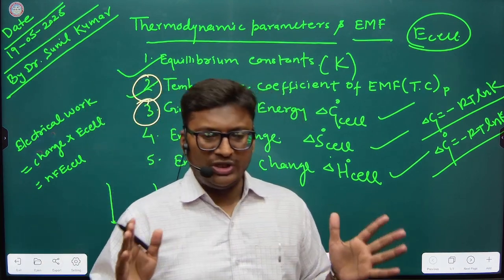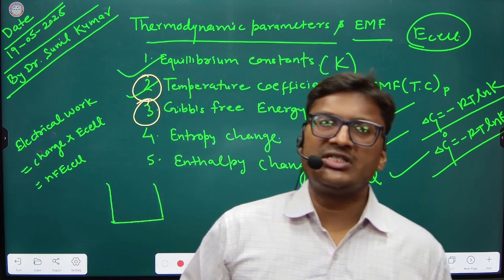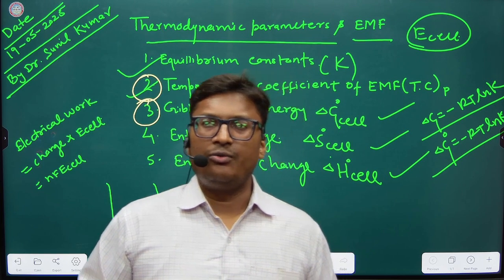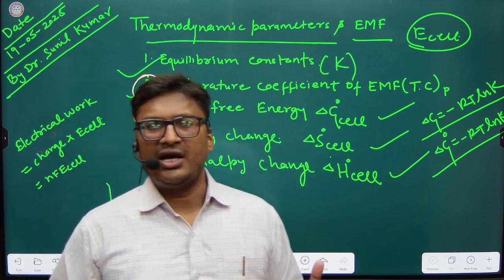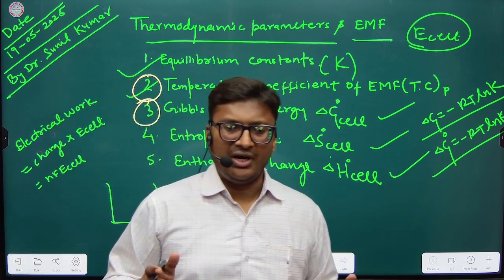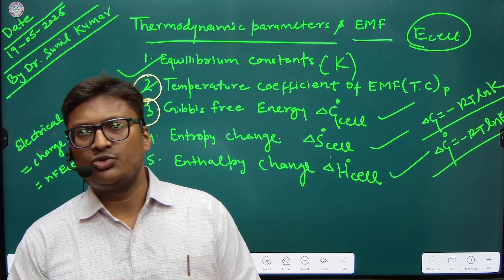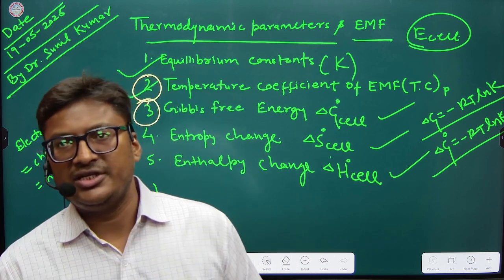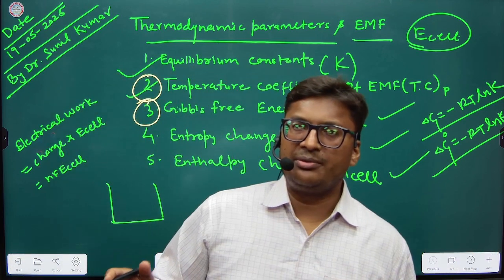As you know, once the electrochemical cell is set up, meaning the anode and cathode are properly connected through the salt bridge and externally connected through the voltmeter, there will be a redox reaction if there is a change in the Gibbs free energy.